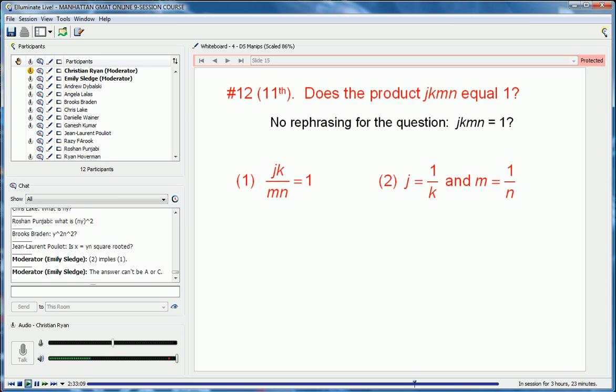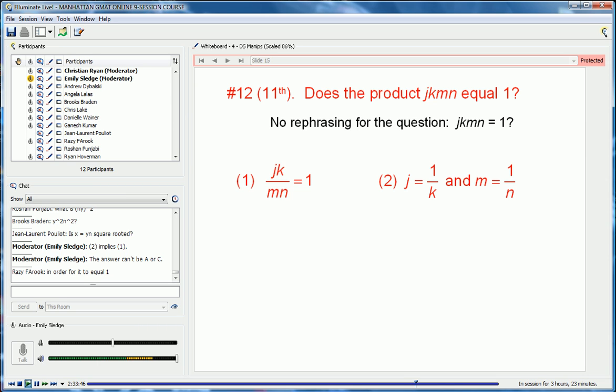Let's see. 2 of these products, J times K, should equal M times N. So let's imagine JK equals 4, like J times K equals 4, and M times N equals 4. That would not give us JKMN equal 1. But in that case, we had JK equal MN. I think Emily's got a good point of view on this. Emily, jump on.